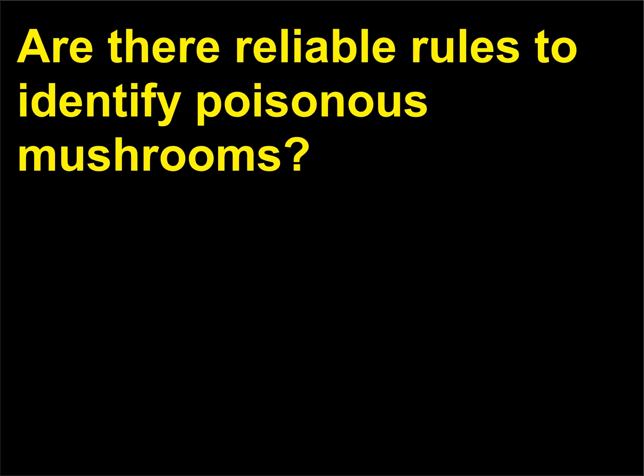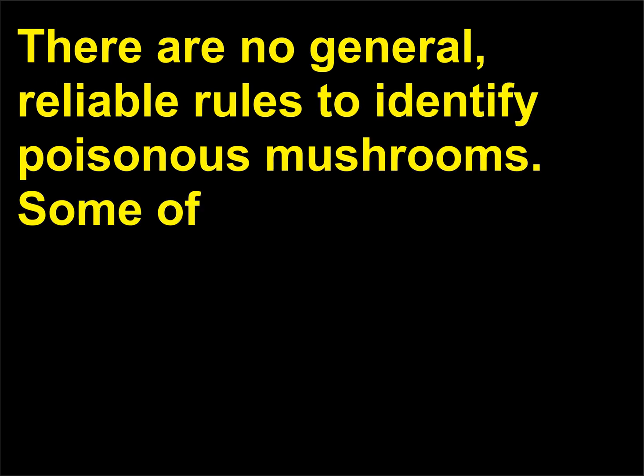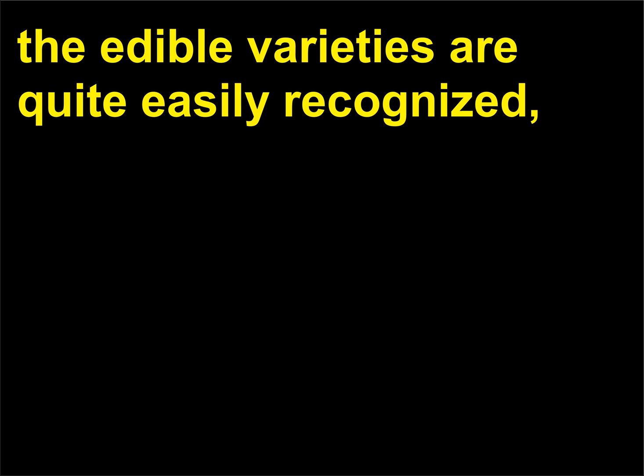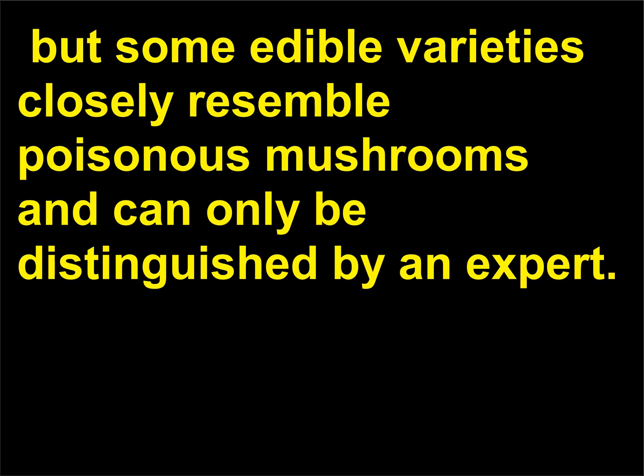Are there reliable rules to identify poisonous mushrooms? There are no general, reliable rules to identify poisonous mushrooms. Some of the edible varieties are quite easily recognized. But some edible varieties closely resemble poisonous mushrooms and can only be distinguished by an expert.